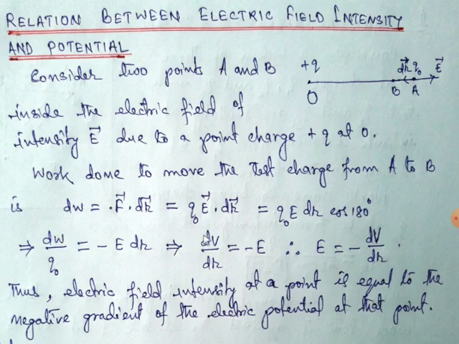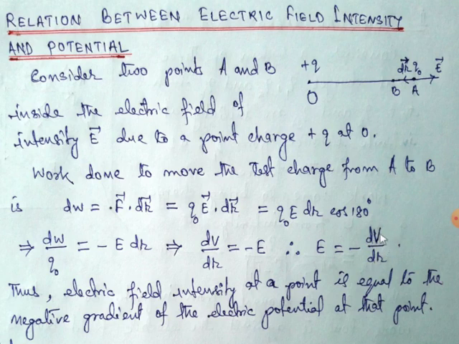So the small potential difference divided by this small infinitesimal distance dr will be equal to minus E. Therefore your electric field E can be expressed as minus of dV by dr. This dV by dr we call the potential gradient. Potential gradient is nothing but the change in the potential with a small change in distance.